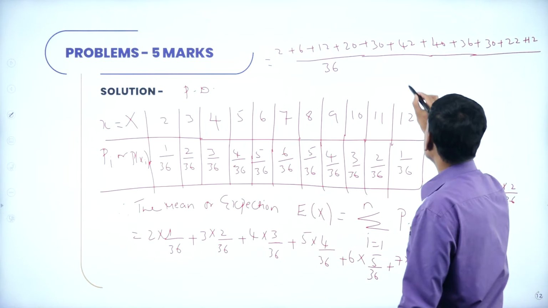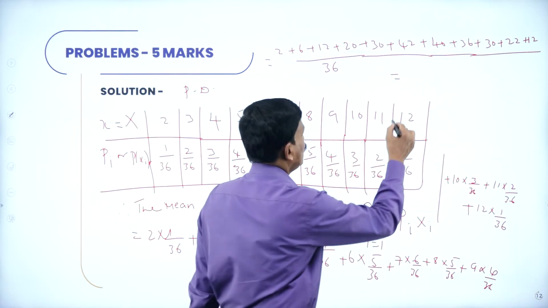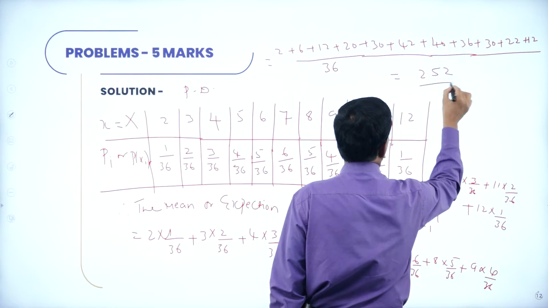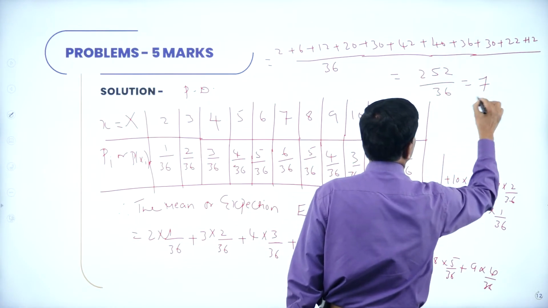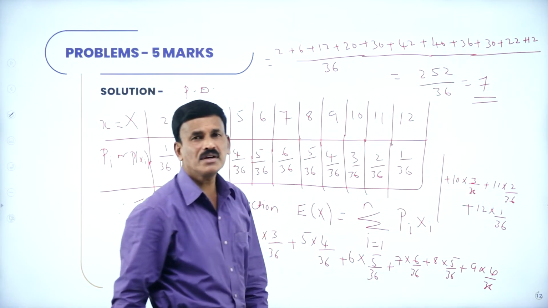So this is totally equal to, if you add you will get 252 divided by 36, which is equal to 7. The required answer is 7.